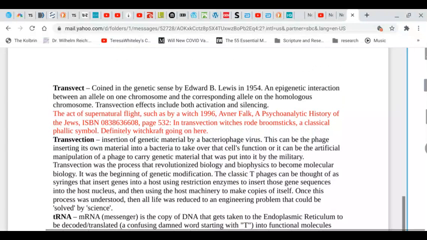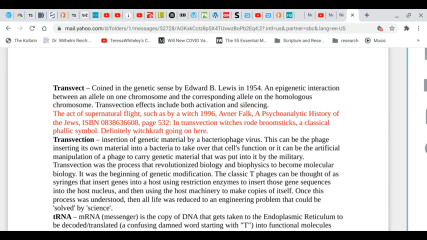Transvect, like vector, venom, vector, coined in the genetic sense by Edward B. Lewis in 1954, an epigenetic interaction between an allele on one chromosome and the corresponding allele on the homologous chromosome. Transfection effects include both activation and silencing.